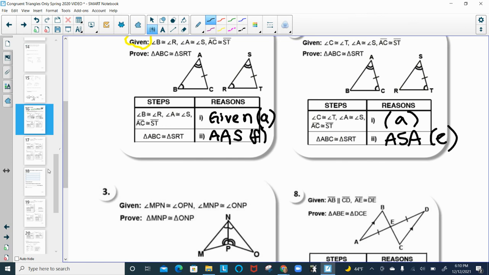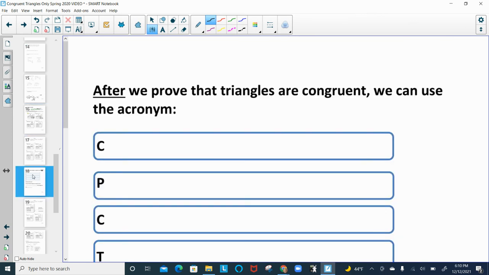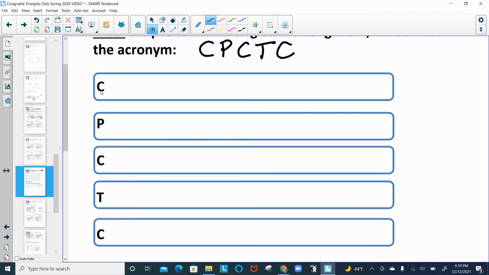But the second thing that I wanted to show you is on page 18. After we prove that the triangles are congruent, we can use an acronym. I don't know if you are happy with that word acronym, but that's where all of the letters stand for something. So our acronym that we're going to use is CPCTC. Look at all the C's in here.